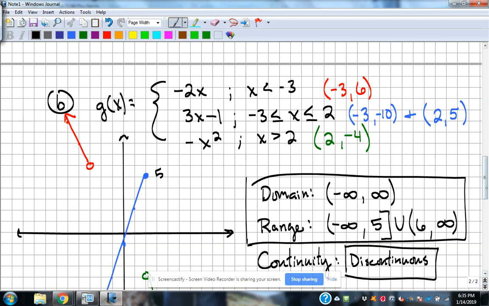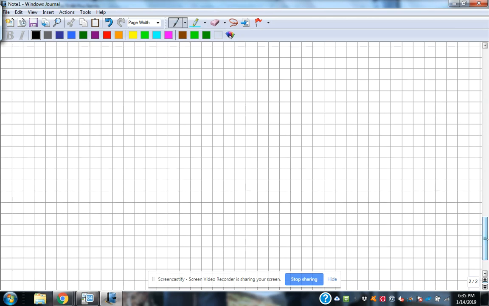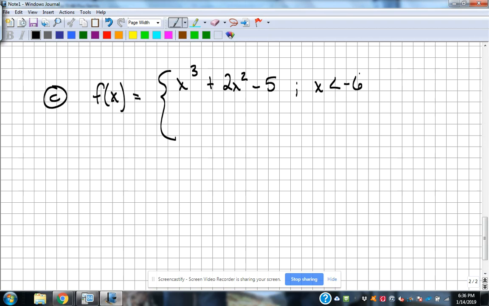Let's look at some other things that we do with piecewise defined functions that are, I think, not quite as strenuous. Let's take a piecewise defined function: x cubed plus 2x squared minus 5 when x is less than -6, and the second piece is 5x minus 8 if x is greater than or equal to -6.